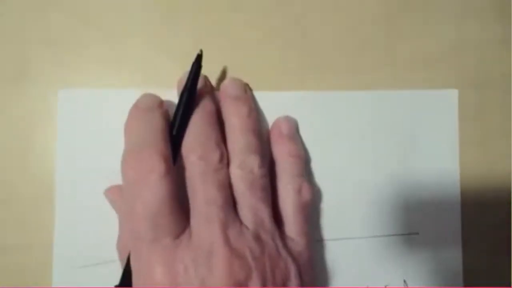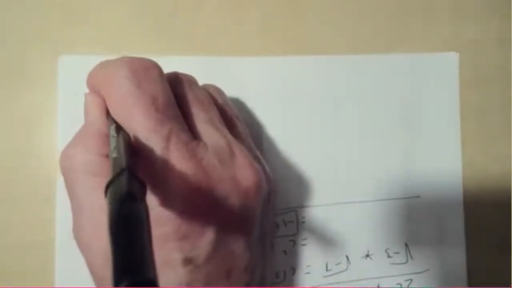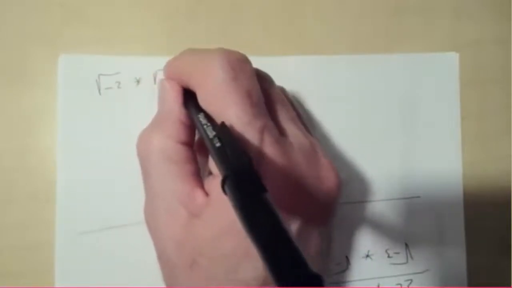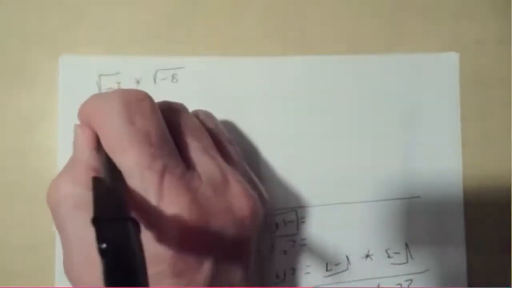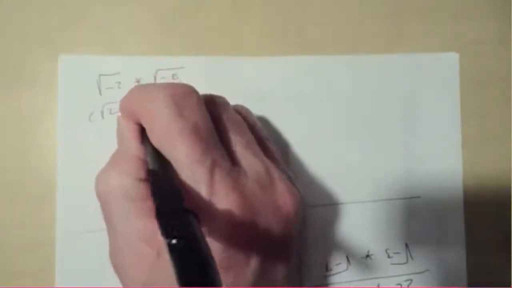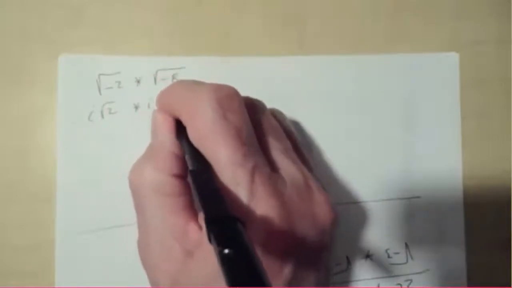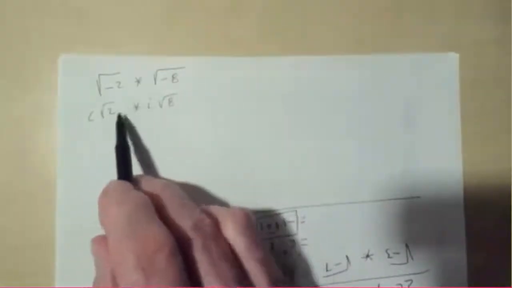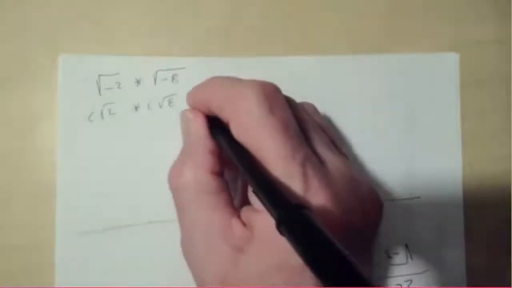Everybody got this? Here we go. How about this one? The square root of negative 2 times the square root of negative 8. Okay, this is i times the square root of 2 times i times the square root of 8.